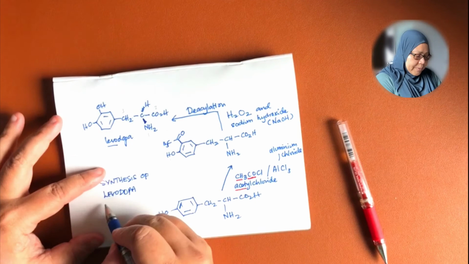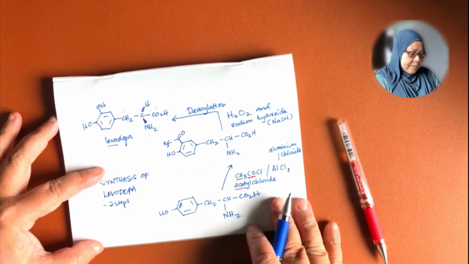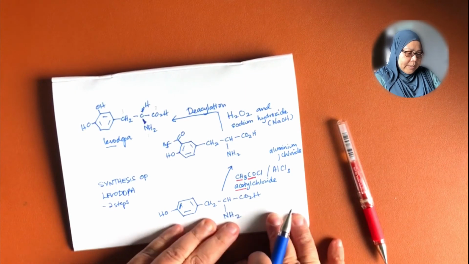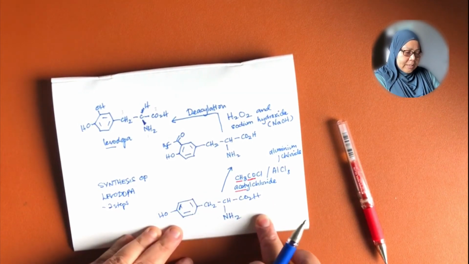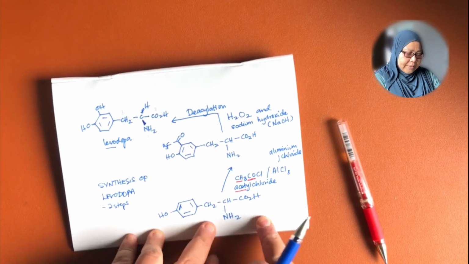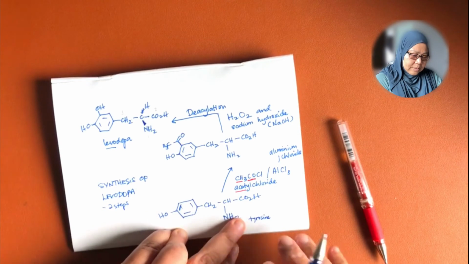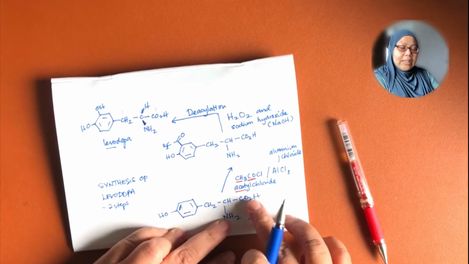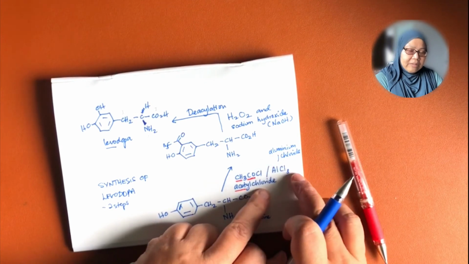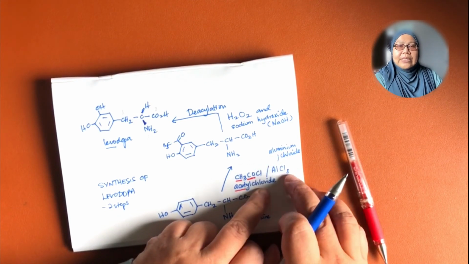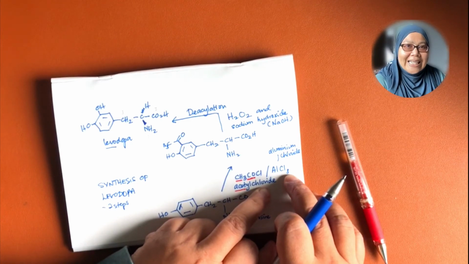It's only two steps. First, we treat this molecule, this tyrosine, with acetyl chloride in the presence of aluminum chloride. So this is the classic Friedel-Crafts acylation.